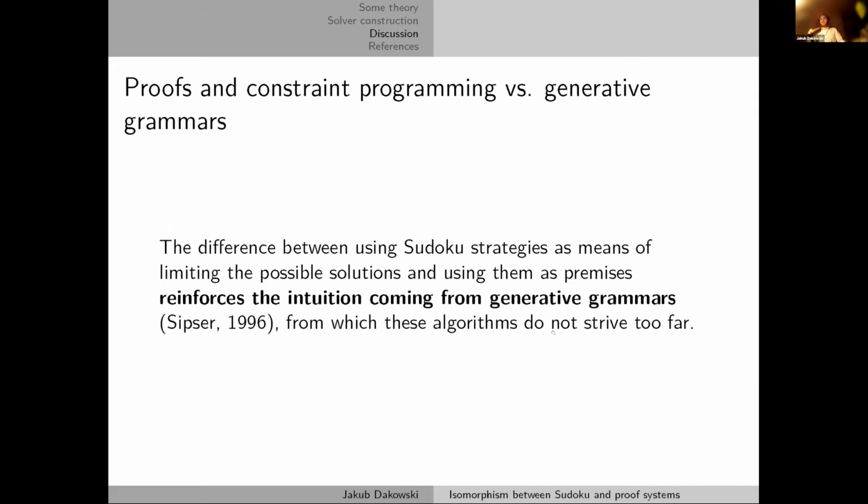It is also interesting that Peter Norwood came from the background of constraint programming, because as with generative grammars, there is this concept that we can use generative grammars both to match certain formulas and to generate certain formulas. We can also see this mechanism at work here.